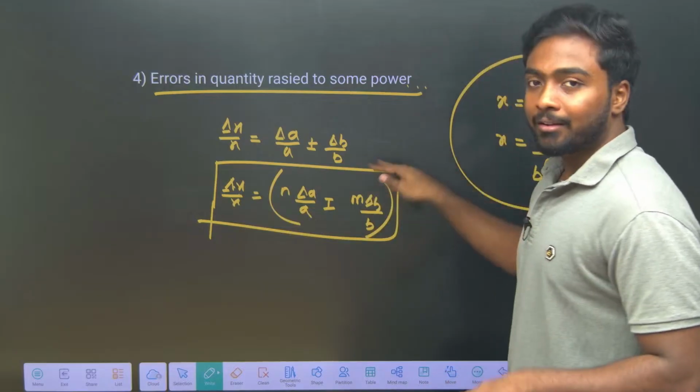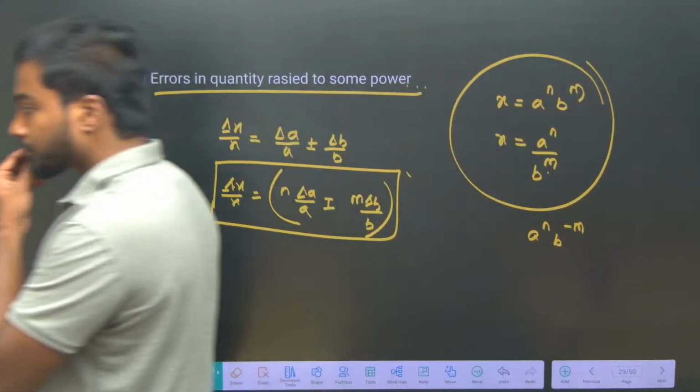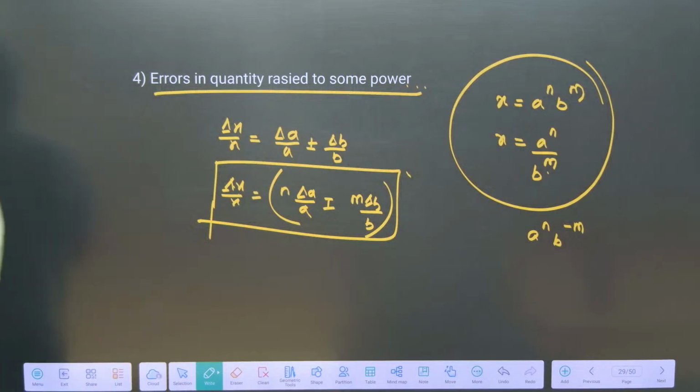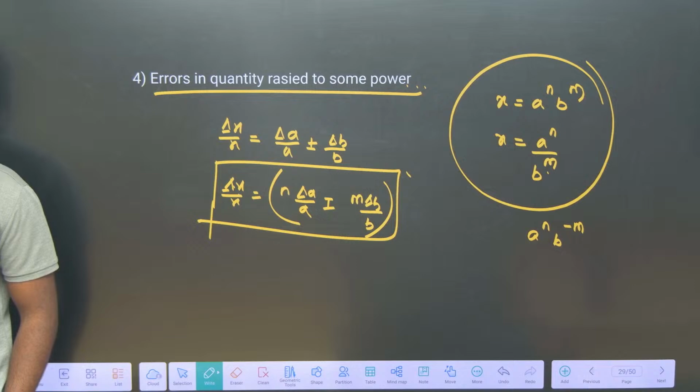Take this x to this side, that's it. Then we will go for the questions.